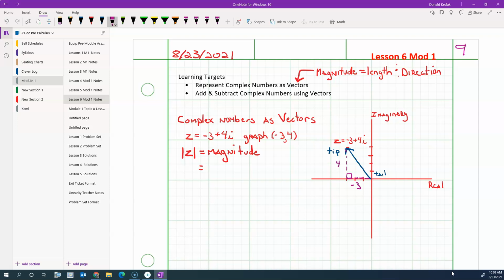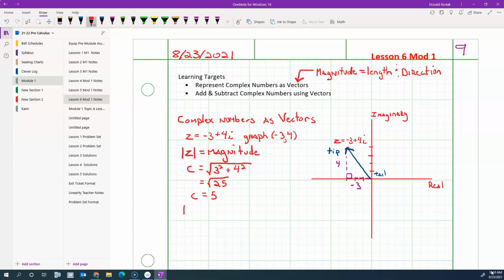So if I wanted to find the magnitude of this, all I'm doing is taking my horizontal component and squaring it. That's a squared. Okay, that's b squared. And then I want to take the square root of it. So this is simply going to be 25, and the square root of that's 5. So that's the length of this vector.